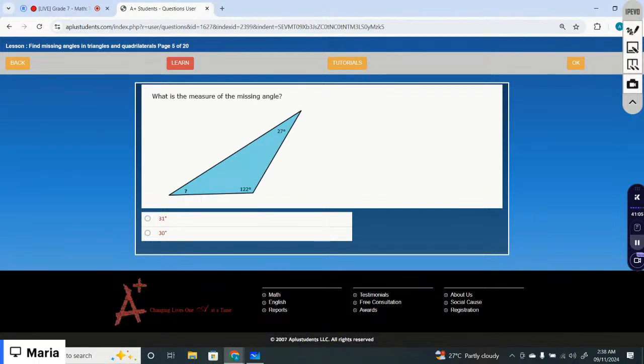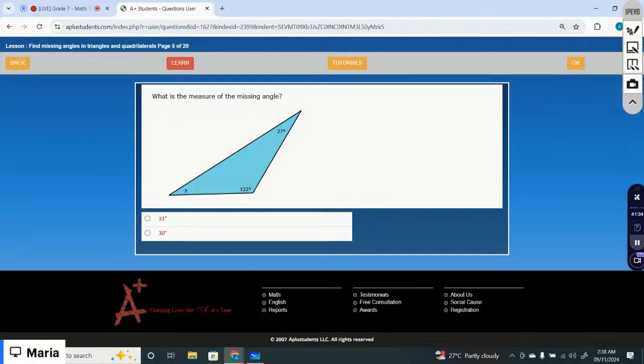What is the measure of the missing angle? The sum of all the angles must be 180 degrees.